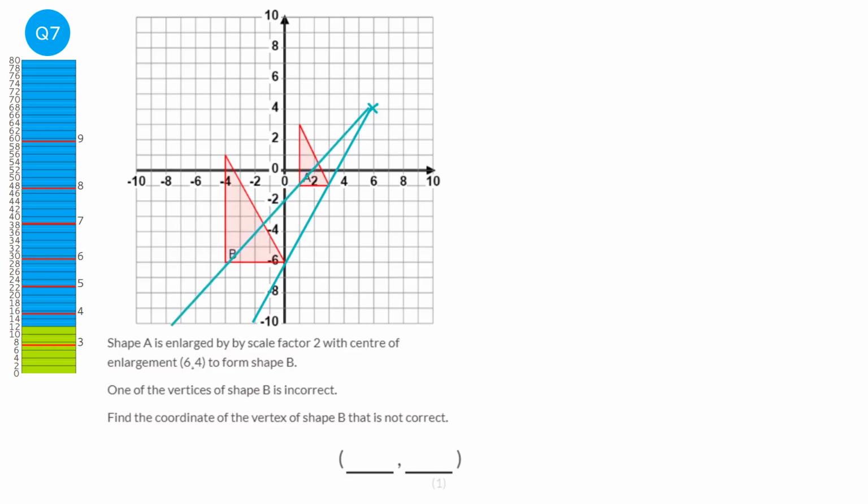Let's just keep going. Yeah, it does on this one. But it does not on this one. So it says find the coordinate of the vertex of shape B that is not correct. So the coordinate is this one here, and so that would be -4, 1.